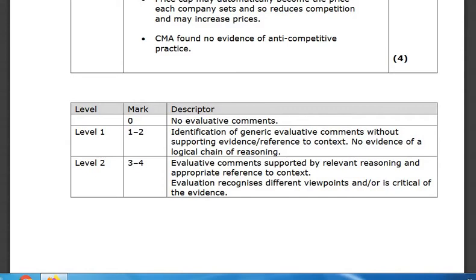Evaluation recognizes different viewpoints and/or is critical of the evidence. So I think that stands for itself. So if you're looking at an extract and say, well, the author of this extract thinks X, Y, Z. Well, a new classical economist might disagree with this, because that's level 2.